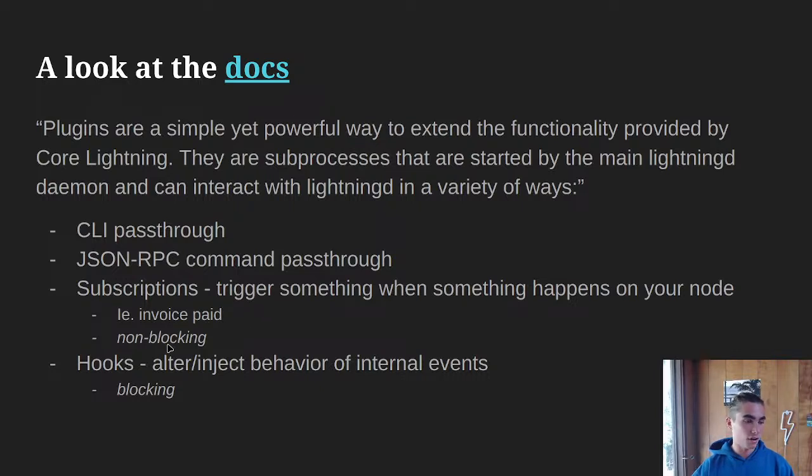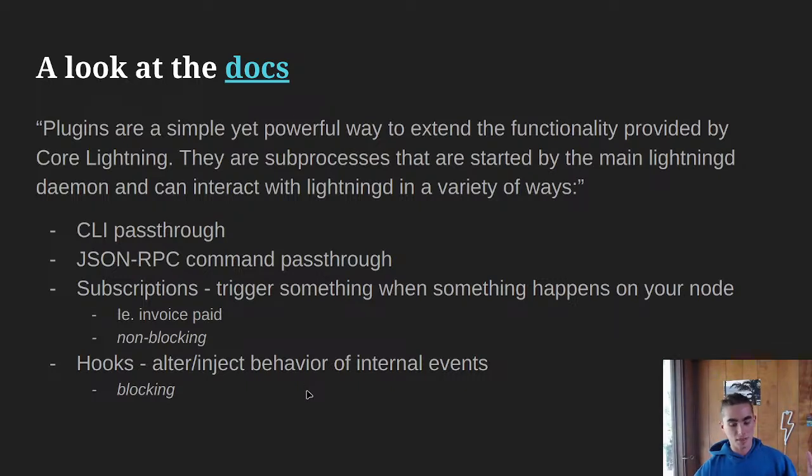Subscriptions are non-blocking, so when an event happens on your node, it just notifies the plugin, like, hey, this event happened. And then the plugin can continue to do its thing, but it doesn't really affect the node in any other way. But then there's hooks that are blocking, meaning an event happens and then you can inject or alter the behavior of certain events.